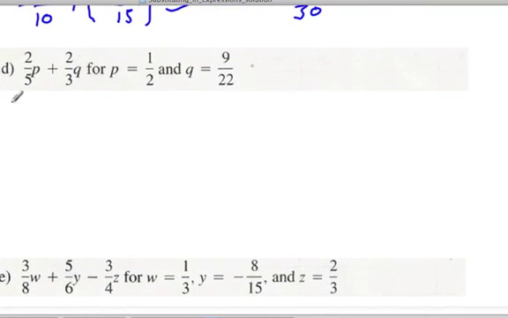The next question, substitute in for p equals 1/2.